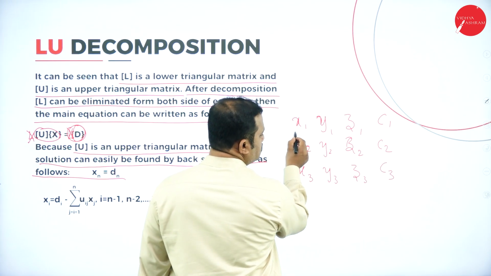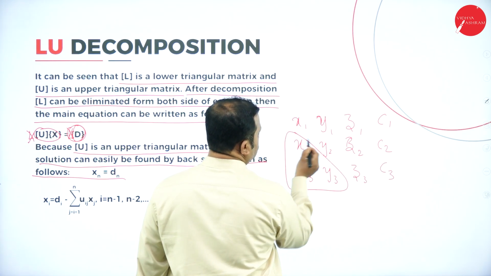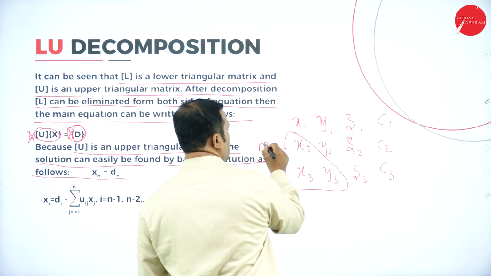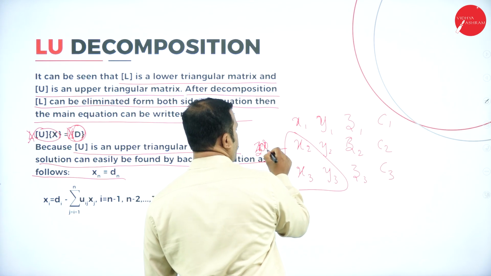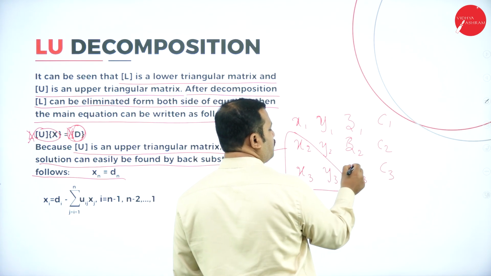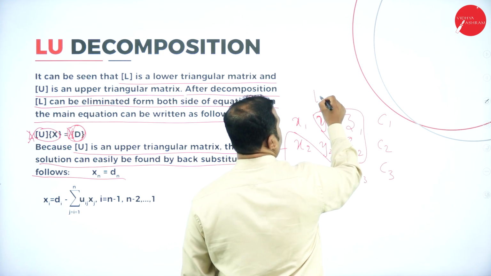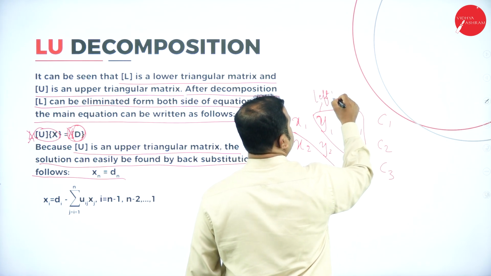We have these zero terms. Obviously, by making these terms zero, we will be left with the upper triangular matrix.